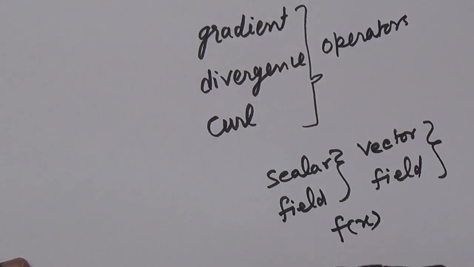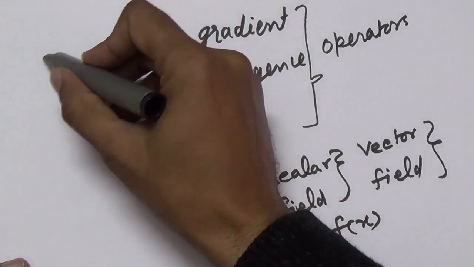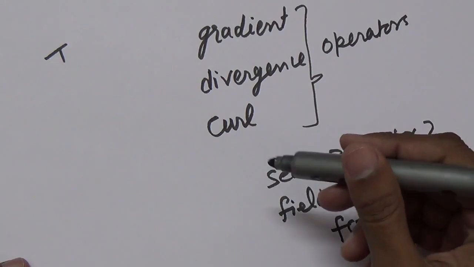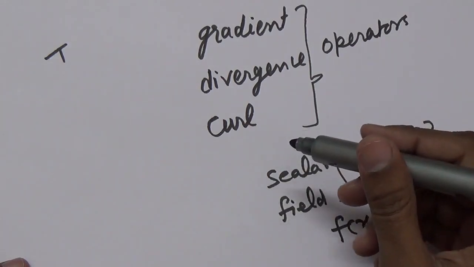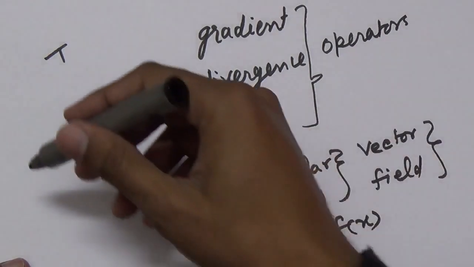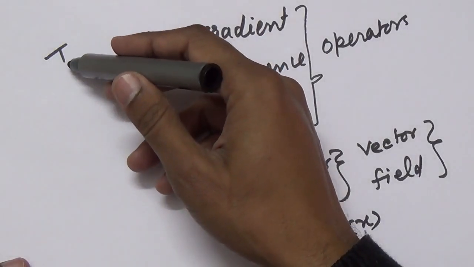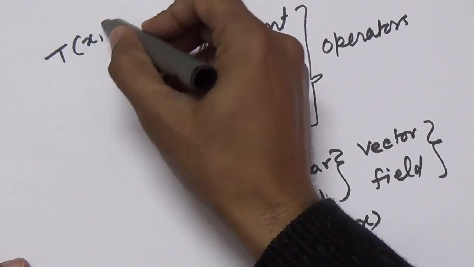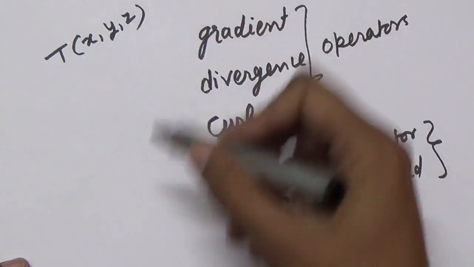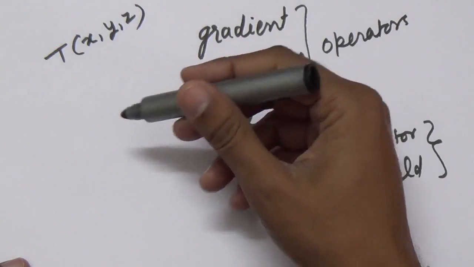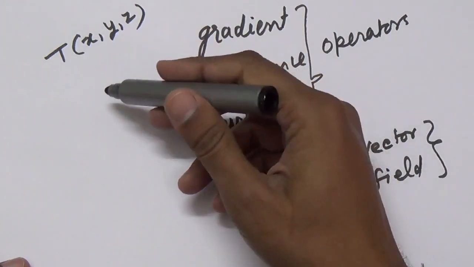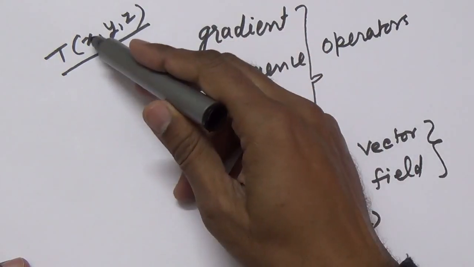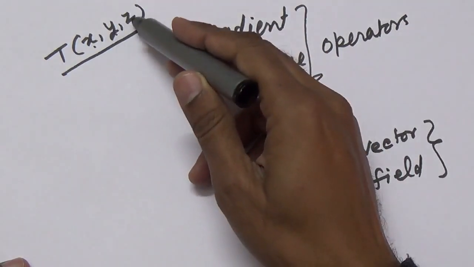As we have seen earlier, temperature is a scalar quantity. So temperature is a physical quantity that develops a field known as a scalar field, and T, temperature, is a function of the spatial coordinates x, y and z. So at every point in space the temperature will be different.